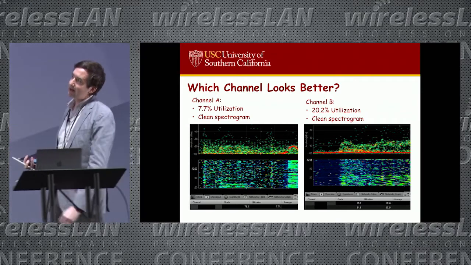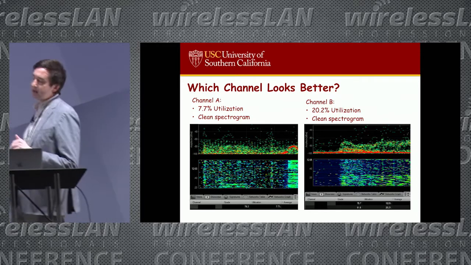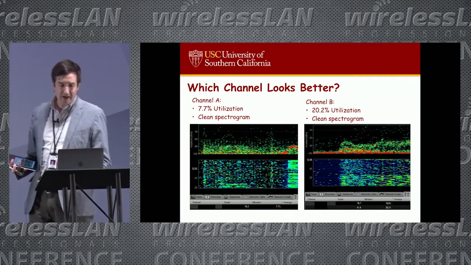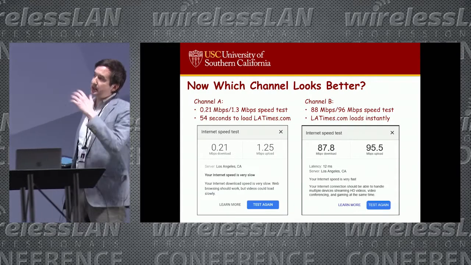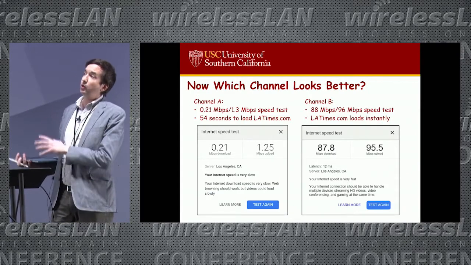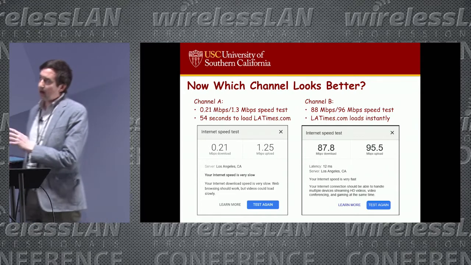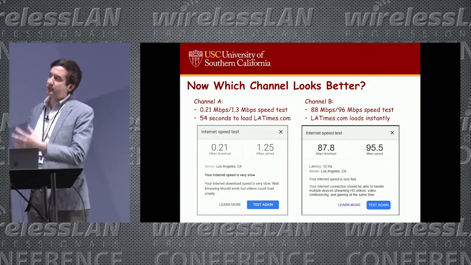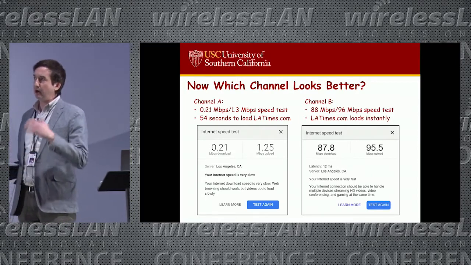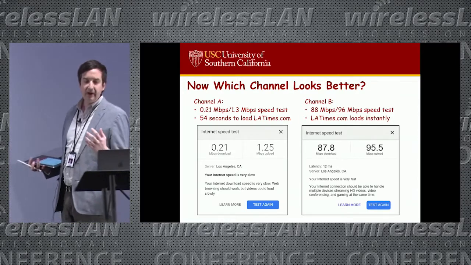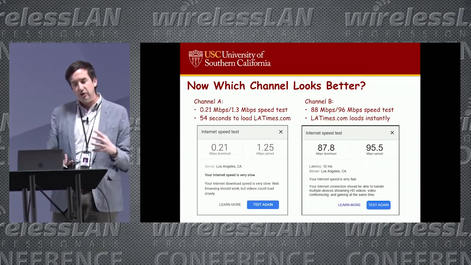Obviously on the right hand side, you can see that red line at the bottom that's giving away the issue there. And the point is that even though there was a lower channel utilization, once I started doing a throughput test, the throughput was much lower in the first example.